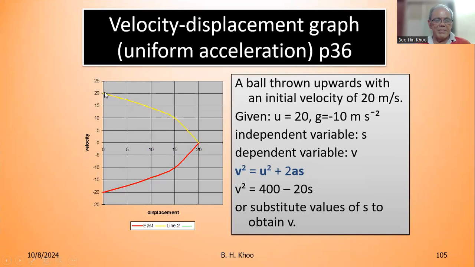Thrown upwards, displacement starts to go to 0 at the maximum height. Velocity goes to 0, and then after that it changes direction. As the displacement decreases again, the velocity increases, but it's downwards. Okay, I let you read yourself.